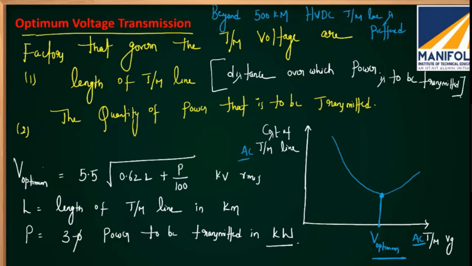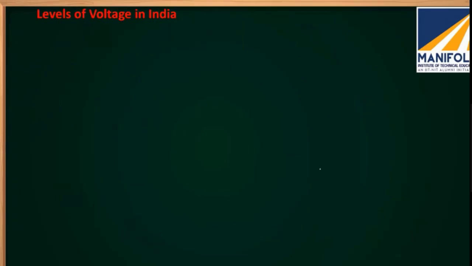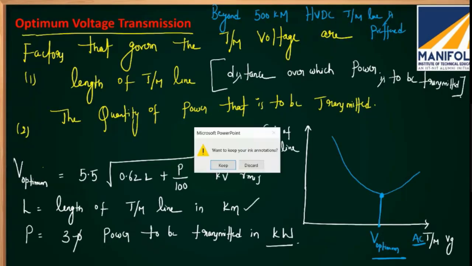So just to arrive at the optimum voltage, the empirical formula that you can apply is 5.5 multiplied by square root of (0.62 into length plus P divided by 100), where L is the length of transmission line in kilometers and P is the three-phase power to be transmitted in kilowatts. So the factors that govern are the length and how much power you want to transmit. We'll take a random example to understand the formula.